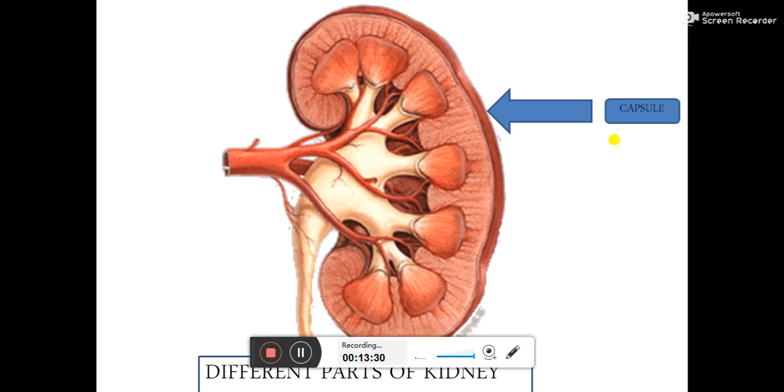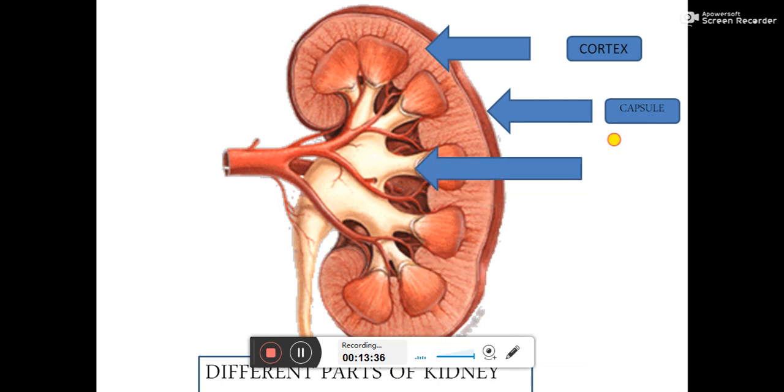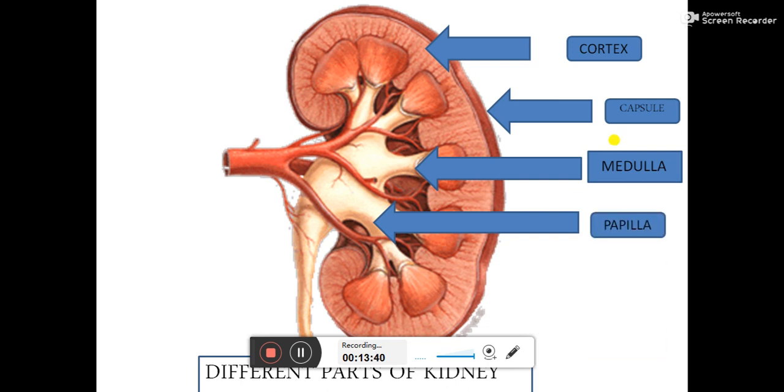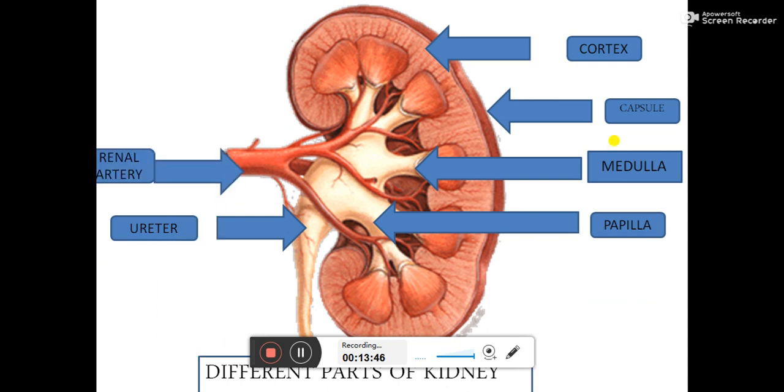The first one is the capsule, then the cortex, the inner part, medulla, the papilla, ureter, renal artery, renal pyramids.